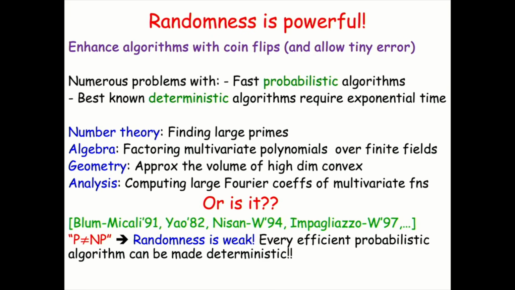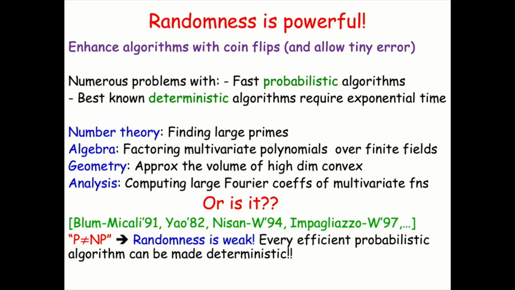If you believe it, then randomness is useless for algorithms. Every probabilistic algorithm that you have, that's efficient, can be replaced by an essentially equally efficient algorithm that uses no coin tosses. Again, randomness cannot help in speeding up algorithms.